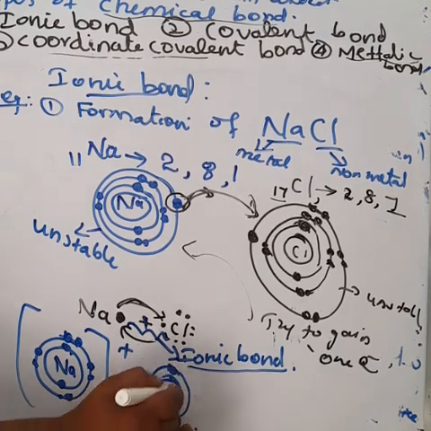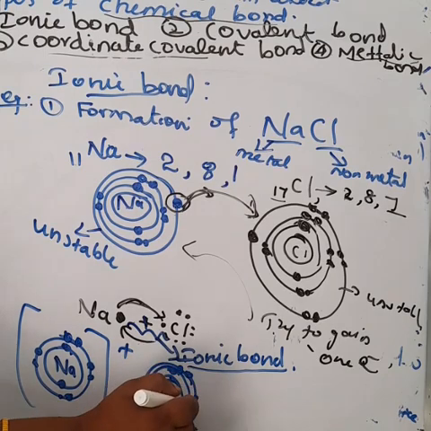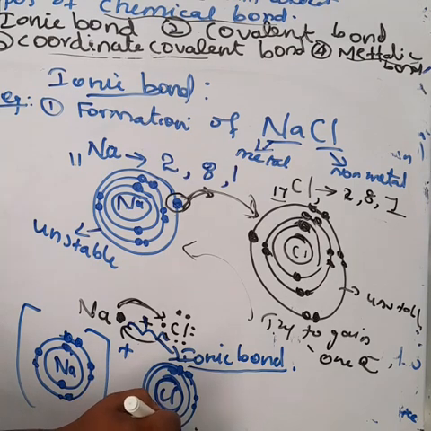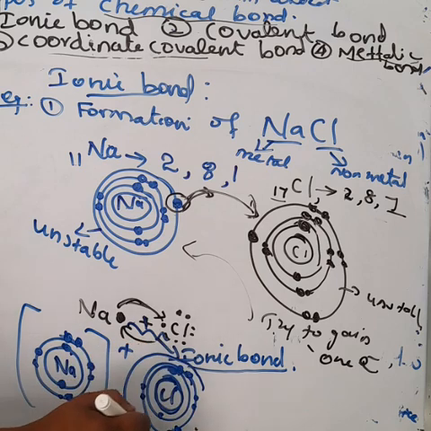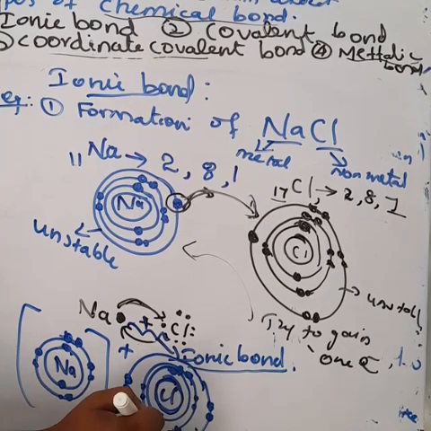This is the sodium structure, and chlorine. This is the nucleus. First orbit 2 electrons, second orbit 8 electrons, and third orbit, the last orbit, how many electrons now? 8 electrons.